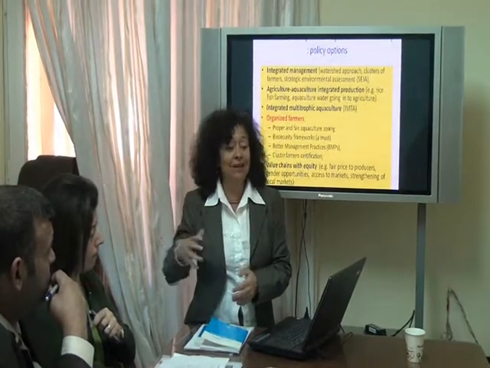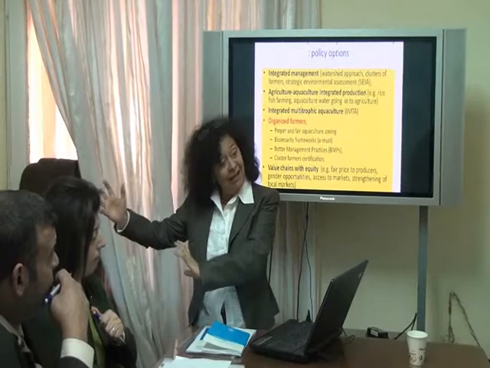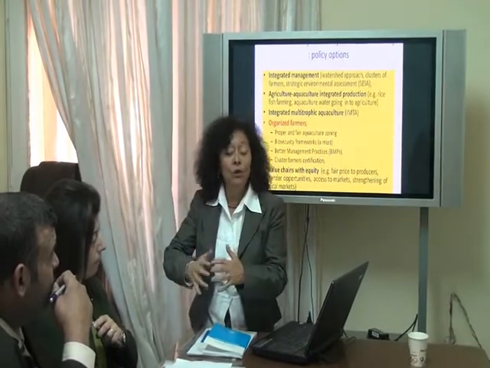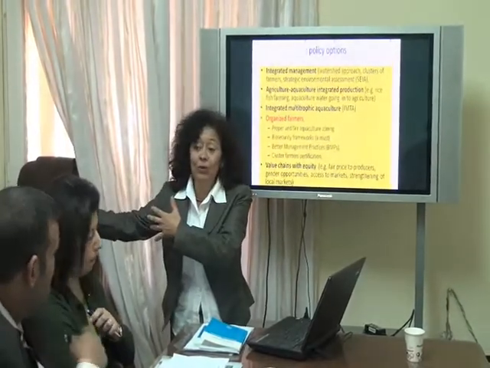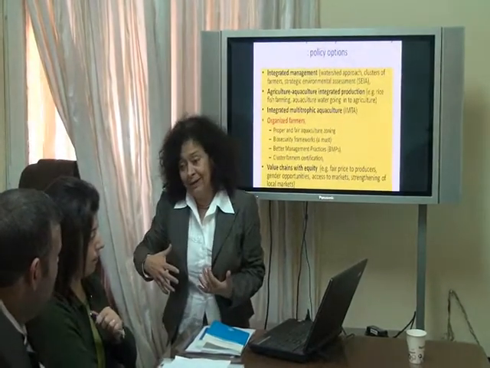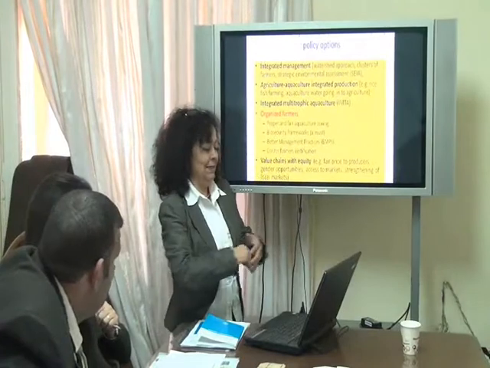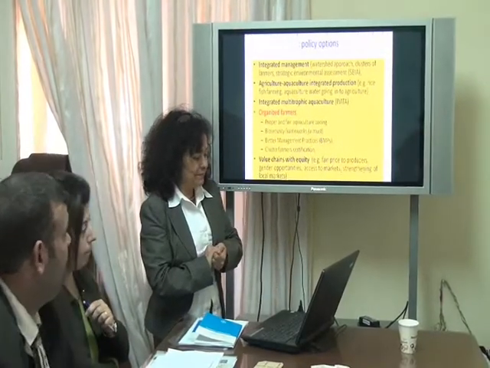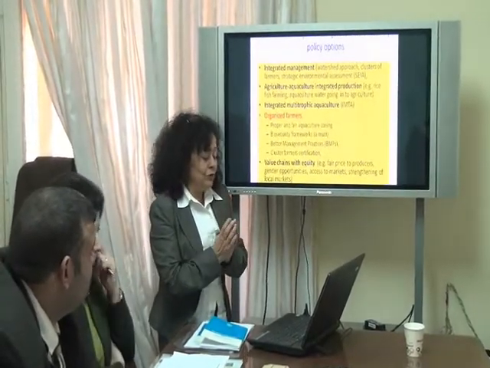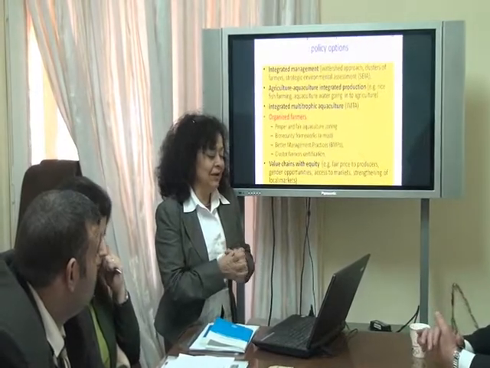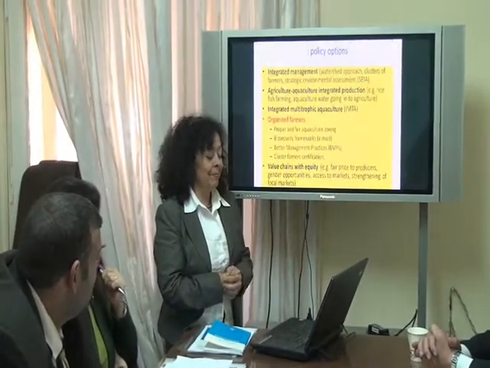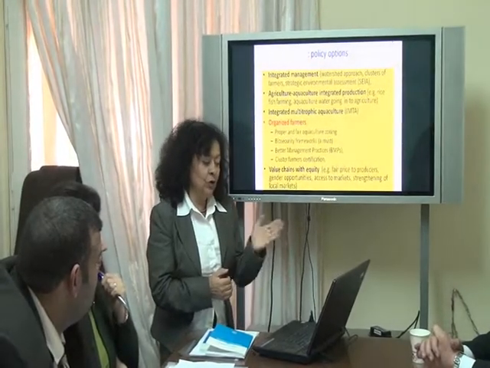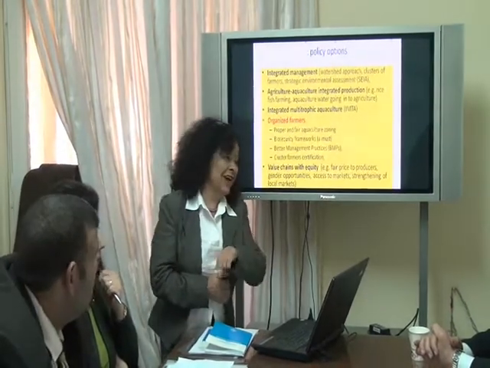We need to make sure that if agriculture is polluting the waters, we voice the needs for aquaculture, because if waters are polluted, aquaculture cannot grow. So we need to have a strategic environmental approach here. We also need to enhance agriculture-aquaculture integrated production. For example, rice fish farming, aquaculture water going into agriculture, not the other way around.